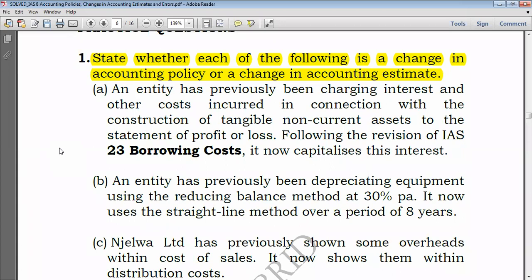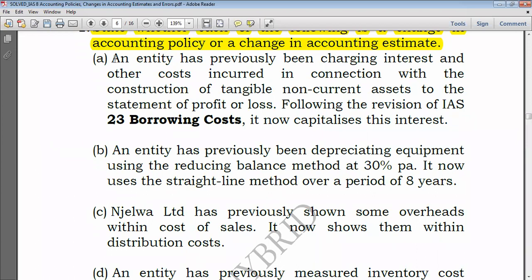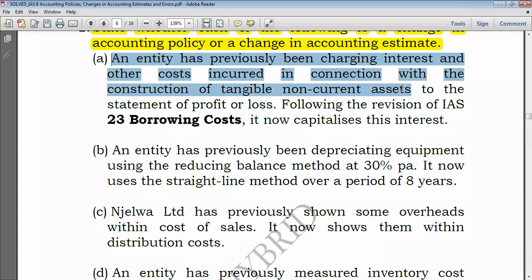I think I told you. Changes in recognition. Now right here, let's start with A. We are told that an entity has previously been charging interest and other costs incurred in connection with the construction of tangible non-current assets to the statement of profit or loss.